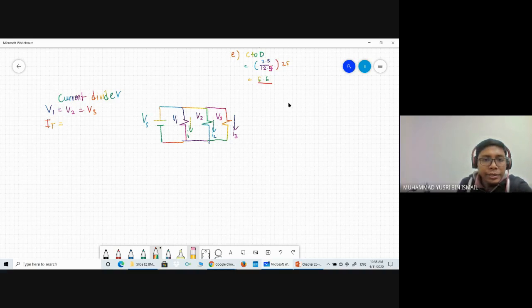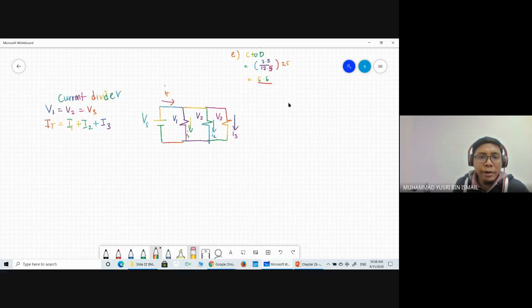So the I total here is equal to I1 plus I2 plus I3. If you realize here, the current is divided into I1, I2, and I3. So the total of this current will be equivalent to the I total.